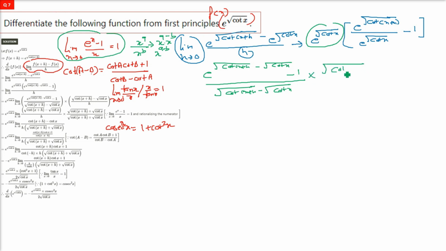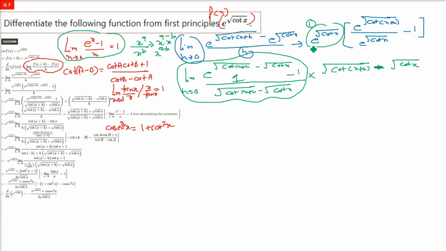So what we will do here is this under root cot x plus h minus under root cot x that we have introduced. So this limit h tends to 0. And this whole term, because e to the power x minus 1 by x is going to be 1. Remember, this was already there. We are going to use it in a short while.